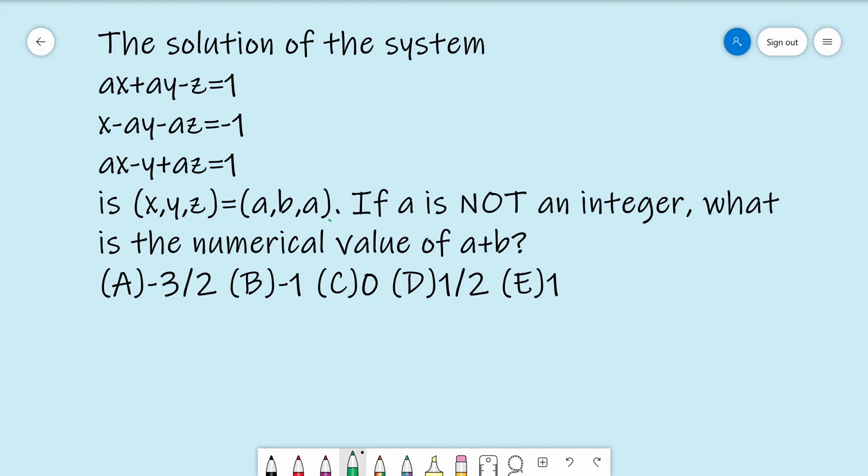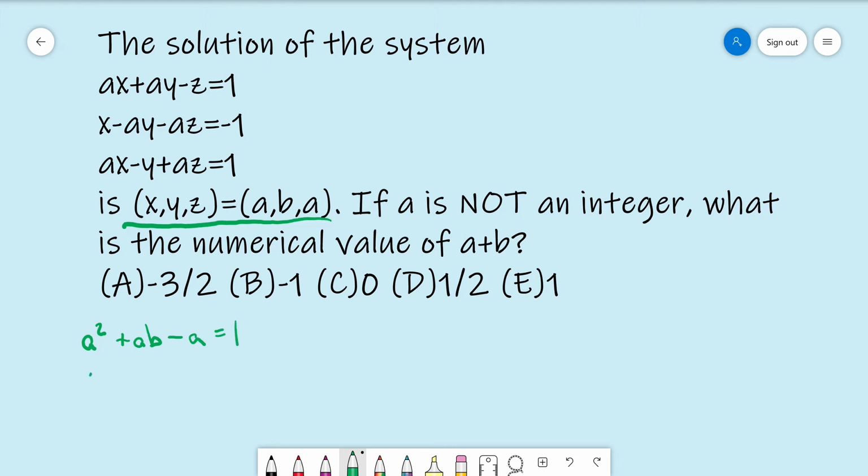So we'll take this solution that they give us and plug it in. If you plug in x equals a, that gives you a squared, and then if you plug in y equals b, that gives you plus ab minus z equals a, equals 1. That's the first equation.